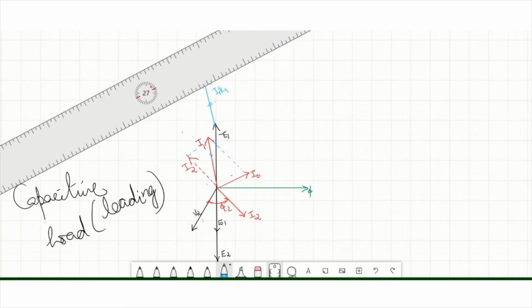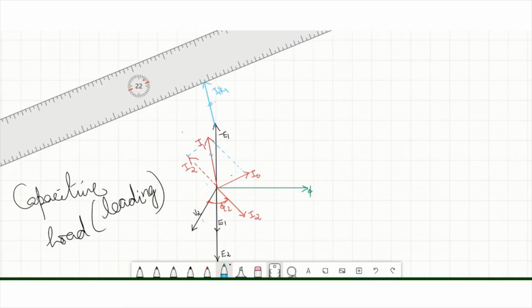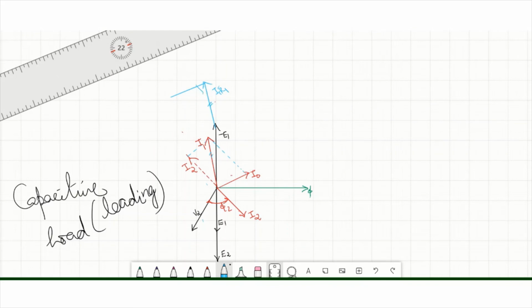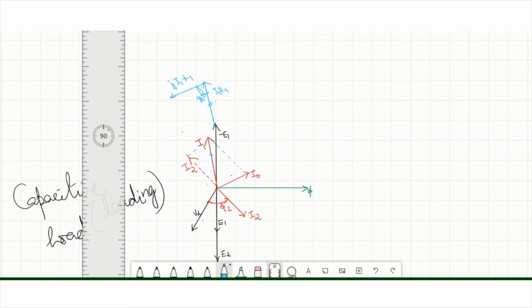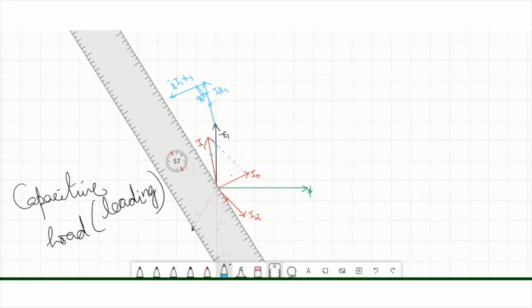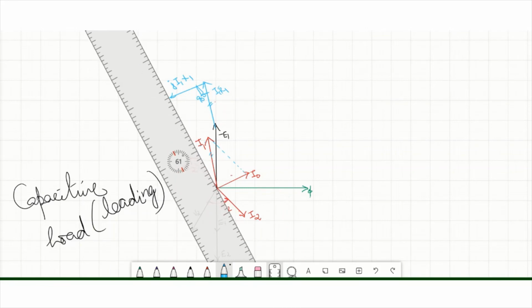Then at 90 degree with it, draw I1 X1. This angle should be 90 degree. J I1 X1. Now draw the resultant for the three vectors minus E1, I1 R1 and J I1 X1. This will be the applied voltage V.